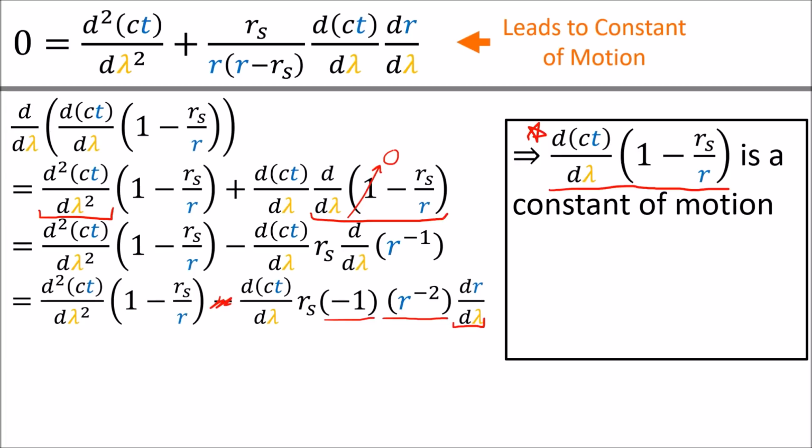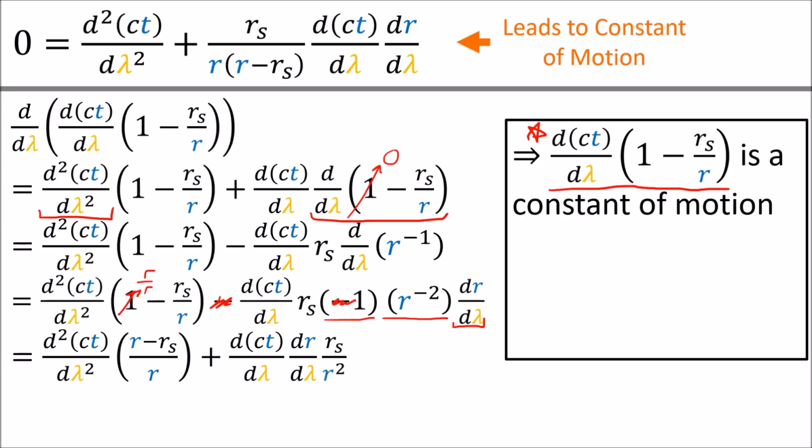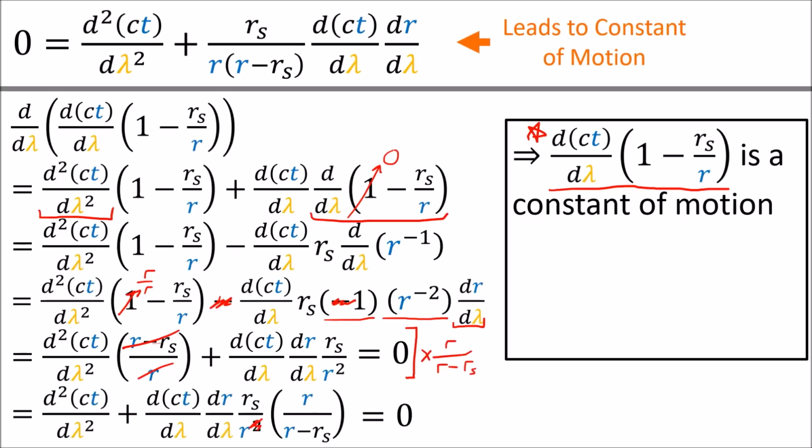These negative signs cancel, and if we write this 1 as r over r, we get an equation that's equivalent to the right-hand side of our time geodesic equation, which equals 0. So if this equals 0, we just multiply by the reciprocal of this term, cancel r, and we get our original geodesic equation. So since the derivative of this term equals 0, it is a constant quantity along geodesics.